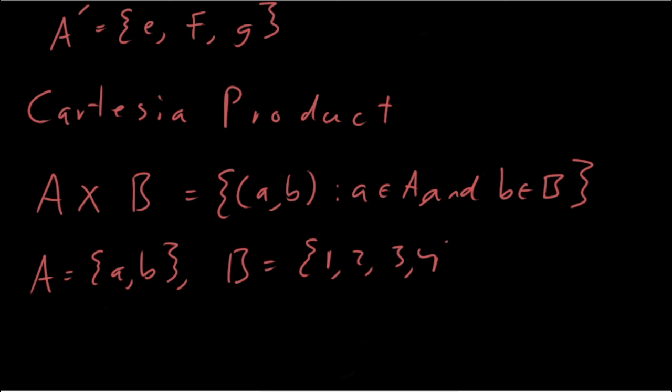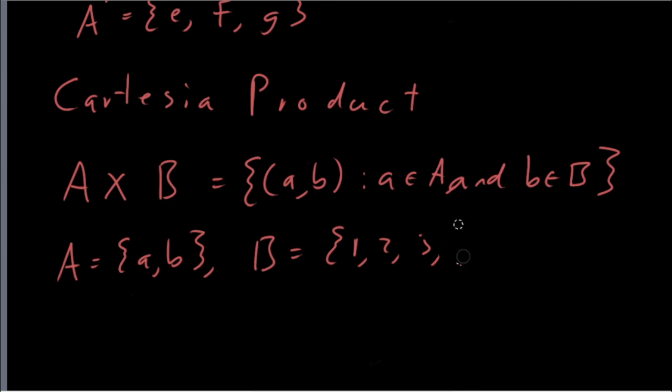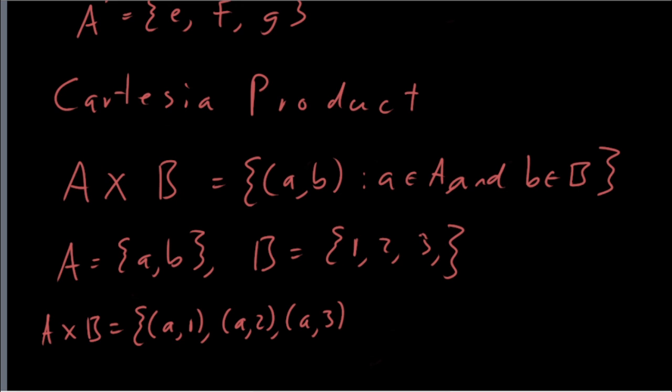Let's just do 1, 2, 3, to make it a little easier on ourselves. A cross B would be equal to the ordered pairs a1, a2, a3, b1, b2, and b3.